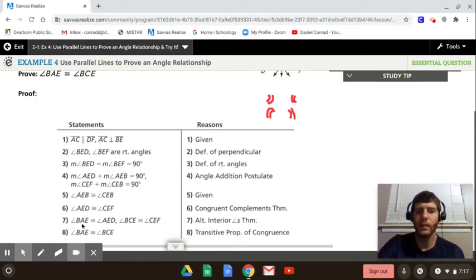So since BAE is congruent to AED, and AED is congruent to CEF, we know that BAE and CEF are congruent. But we also know CEF is congruent to BCE, right? And so since BCE and BAE are congruent to CEF, we can say that they're congruent to each other by the transitive property. Okay, and we'll go over that in class as well. But there it is, so you can complete the lesson.